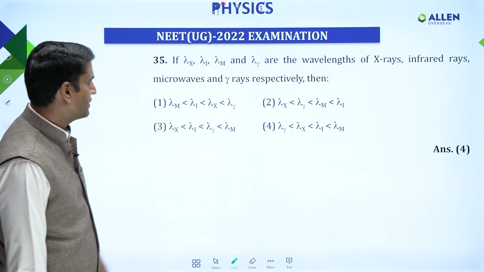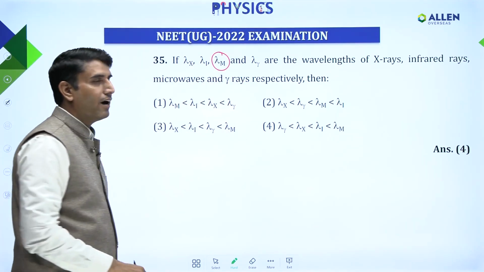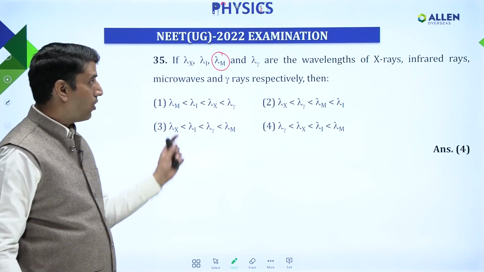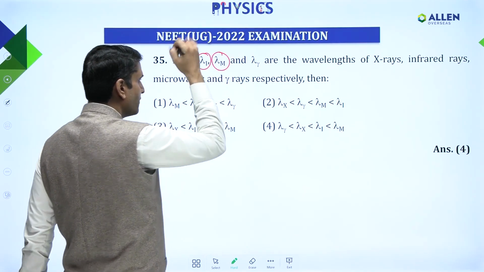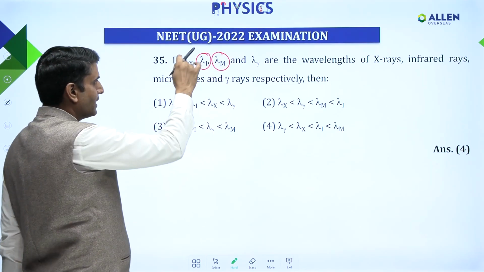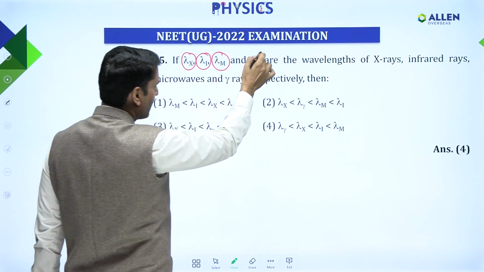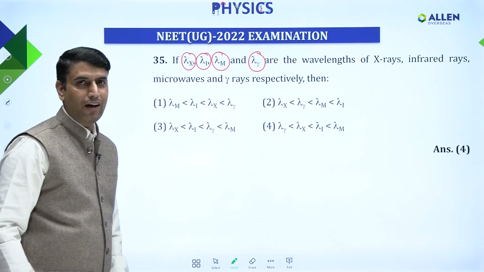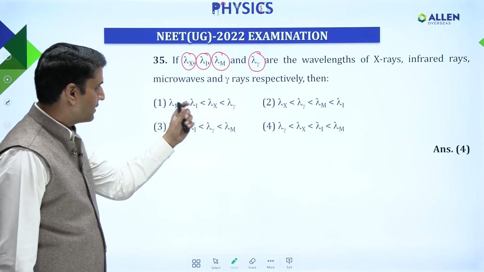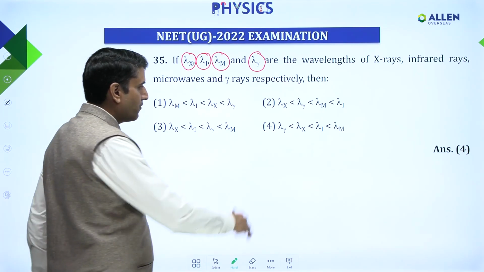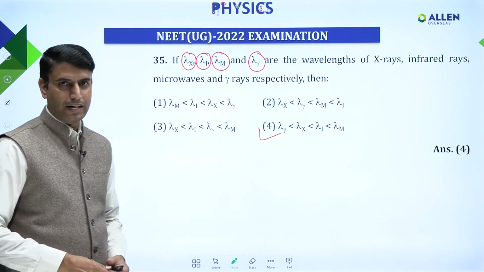First of all, microwave would have the largest wavelength among all these four. Then infrared, and then less than infrared there would be X-rays, and finally gamma rays would have the minimum wavelength among all these four. So in these options, we can see that the fourth one is the right option. So the fourth option is the correct answer.